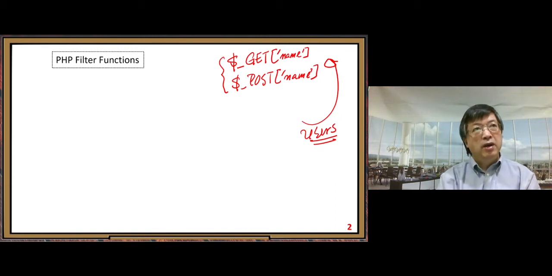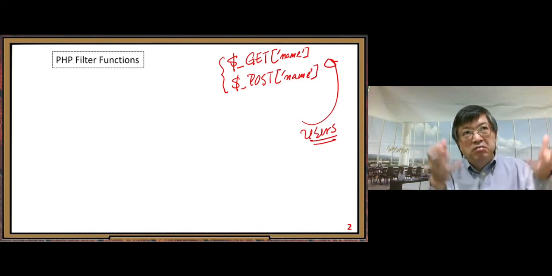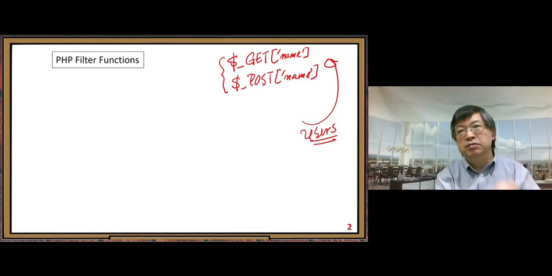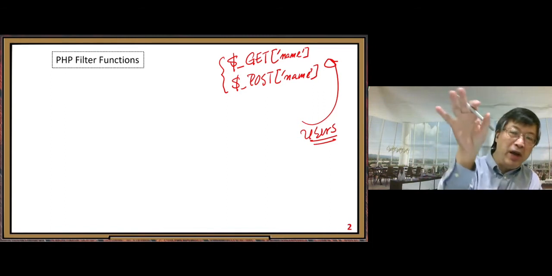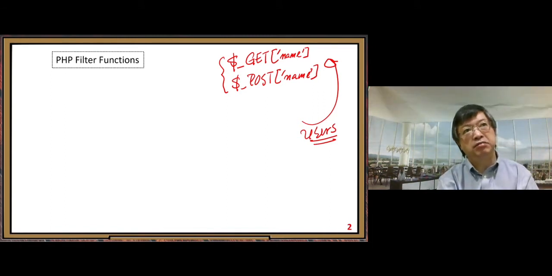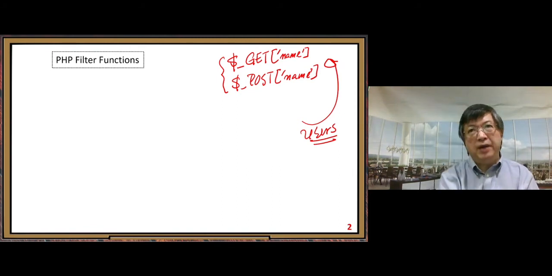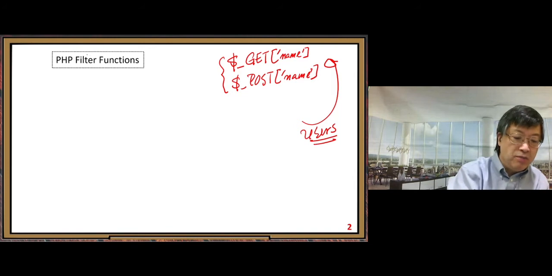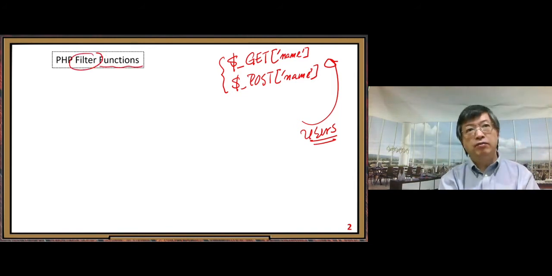They may try to embed some hacking code, try to steal your data in your database. So that could happen, and you want to stop that. A simple way to stop that kind of hacking trick is using PHP filter functions. Very simple. Let's look at how to do it.